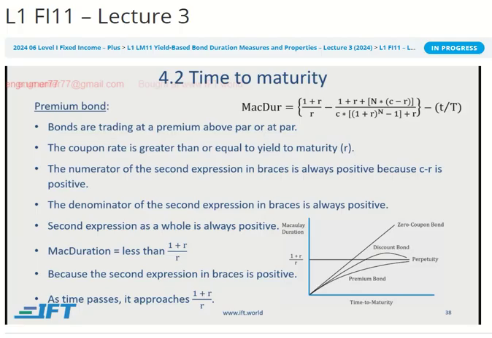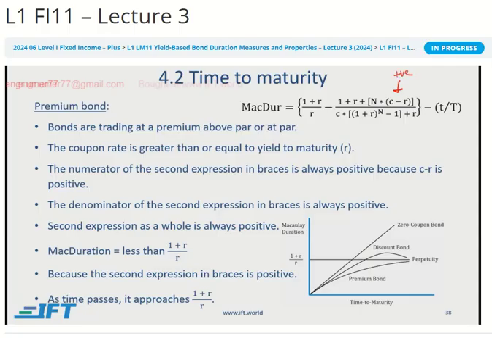See, what is a premium bond? A premium bond is where the coupon is greater than the market interest rate, right? And therefore people are willing to pay a premium for it. So if the coupon is greater, that means this C minus r is going to be a positive number.